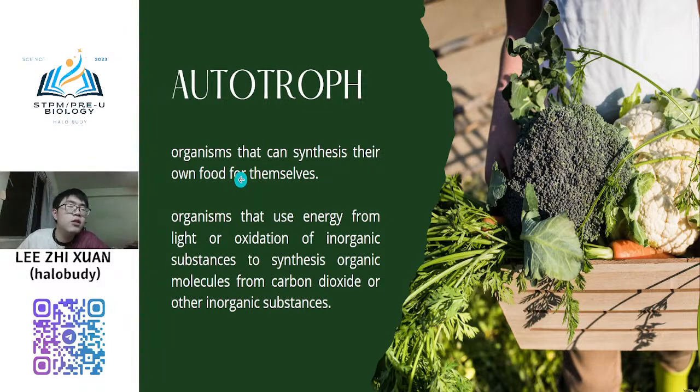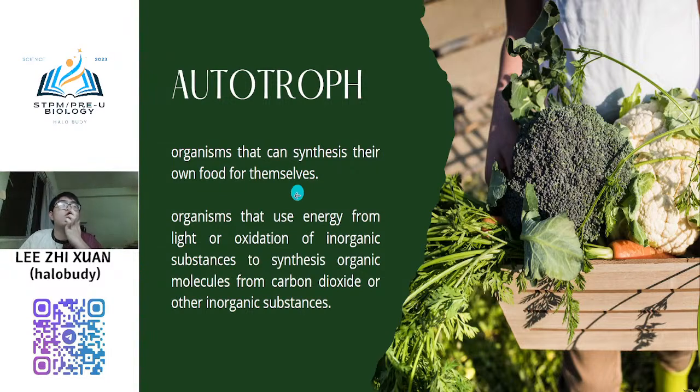For human we are known as heterotroph, the opposite of the autotroph. Heterotroph is that we cannot synthesize our own food by ourselves. We need to obtain food by other means, we need to consume the food. We need to get the energy, get the carbon sources from other parts.